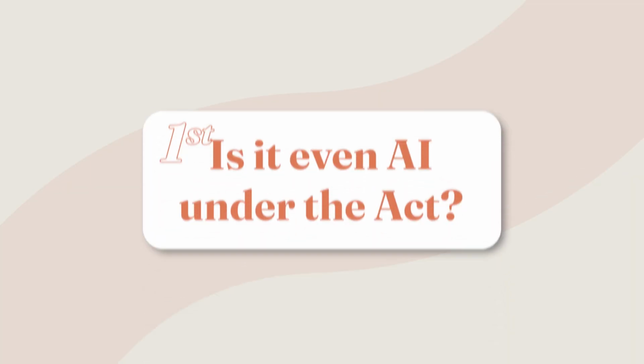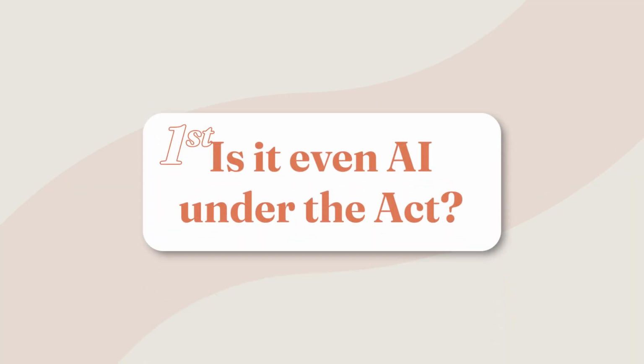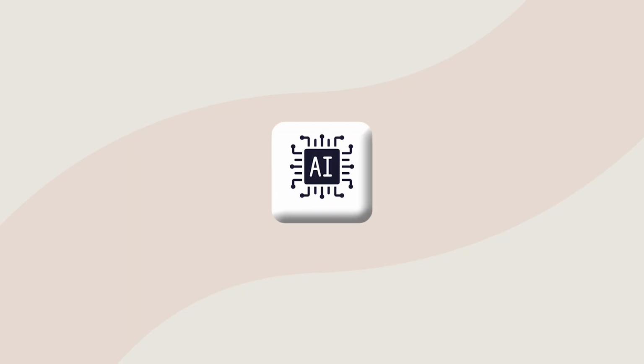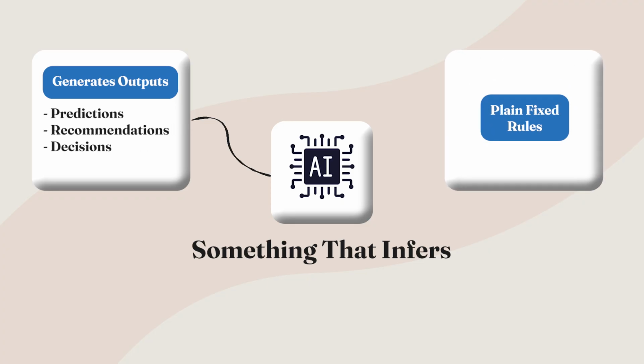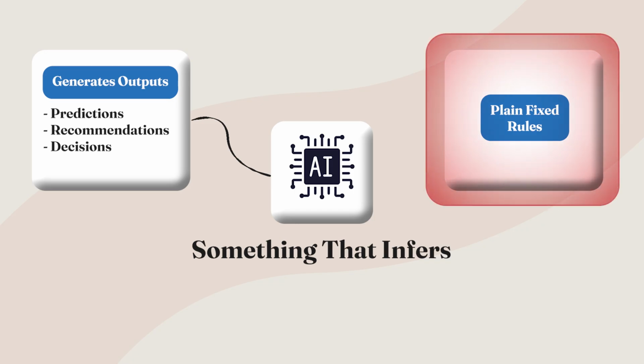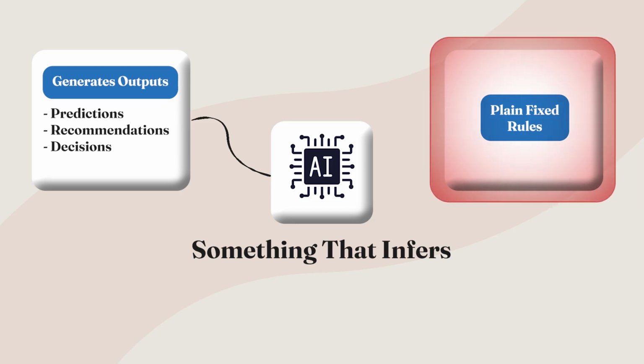The first branch, and don't skip this one, is: is your system even in scope? The Act has its own definition of what an AI system is. An AI system, broadly speaking, is something that infers, something that generates outputs like predictions, recommendations, or decisions from the data that it takes in. A plain fixed rule, something like "if balance is under 0, flag it," is usually just software.